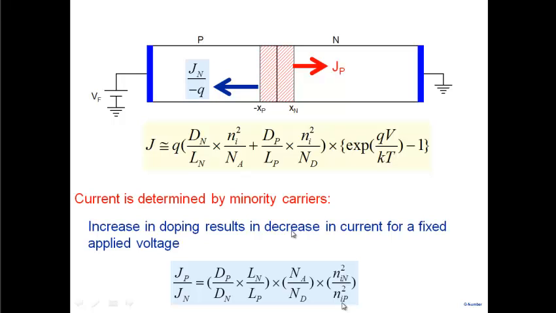All of you know that Ni depends on the band gap. So if I have a different semiconductor here, I have a different band gap. To keep the equation general, we have put Ni(N) square by Ni(P) square here, saying that in general the materials could be different, and then I have to use different Ni's in these two places. Okay, so the ratio of Jp and Jn is given by this expression here.